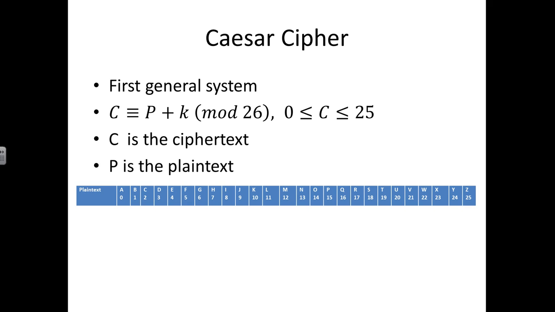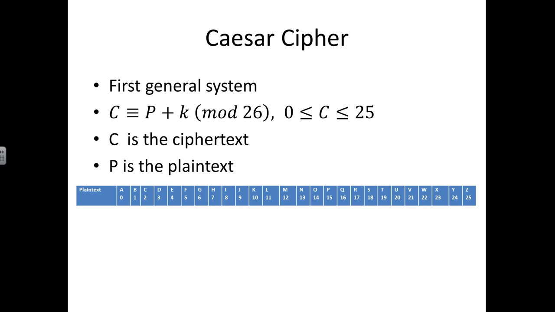As you can see, we have our plaintext in this table, and our equation is in modulo 26 because from A to Z there are 26 letters, and we are going from 0 to 25, where 0 is 26 in modulo 26.